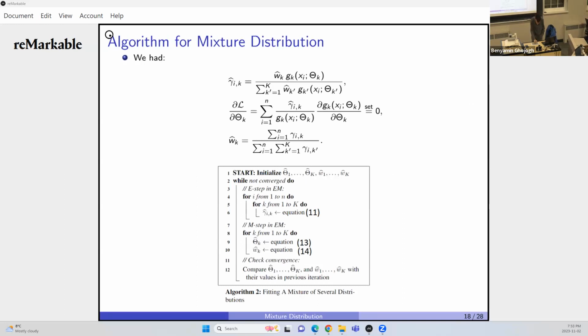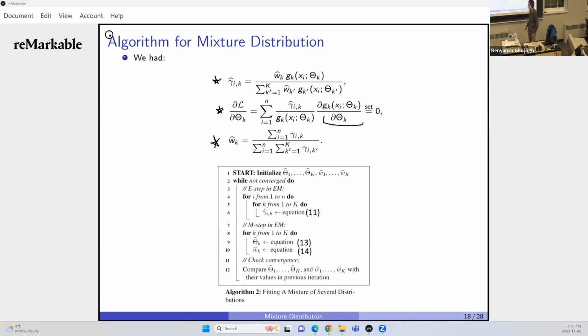So this is what we have in summary. We found WIK hat, which was the expectation term that we had. This is the derivative of the Lagrangian with respect to theta, and we said it depends on G, because here we have the derivative of G, set to 0. We also have WK hat, and WK hat is a mixing probability, a weight in the linear combination.